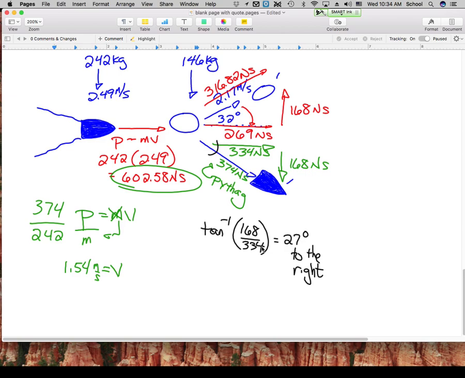So if you add up your two angles, no way, they don't add up to 90. Why do they not add up to 90? Because they have different masses. Oh yeah, that's true. If they have the same mass, they go off at 90. These have different masses, so they don't add up to 90.